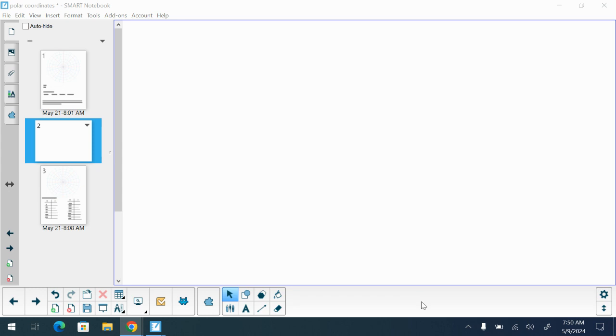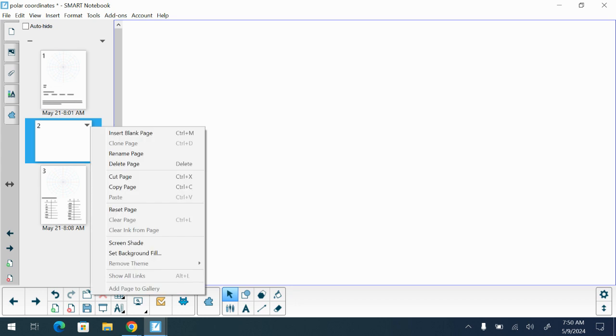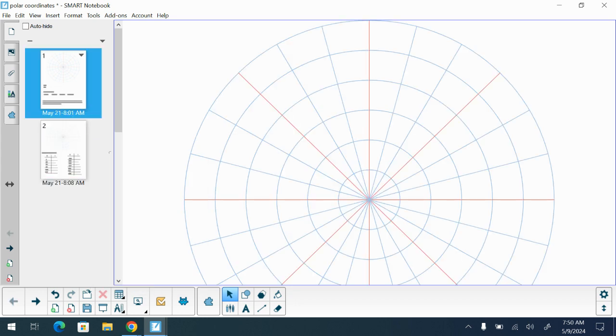The end is near. All right, today we're going to talk about polar coordinates. Polar coordinates are a different type of coordinate system. It is more of a trigonometric coordinate system.